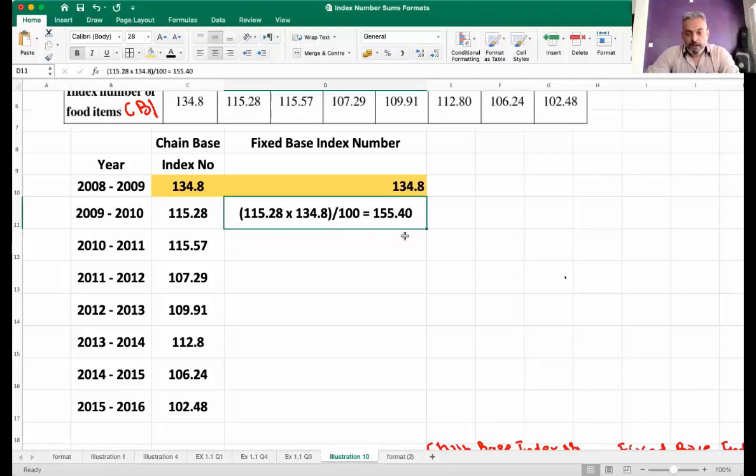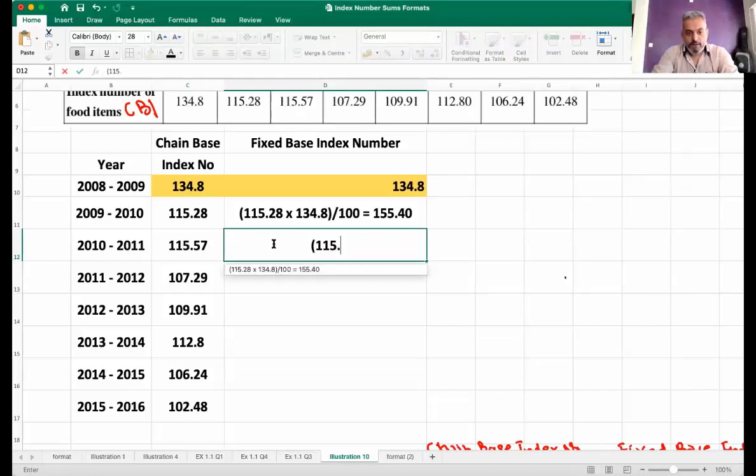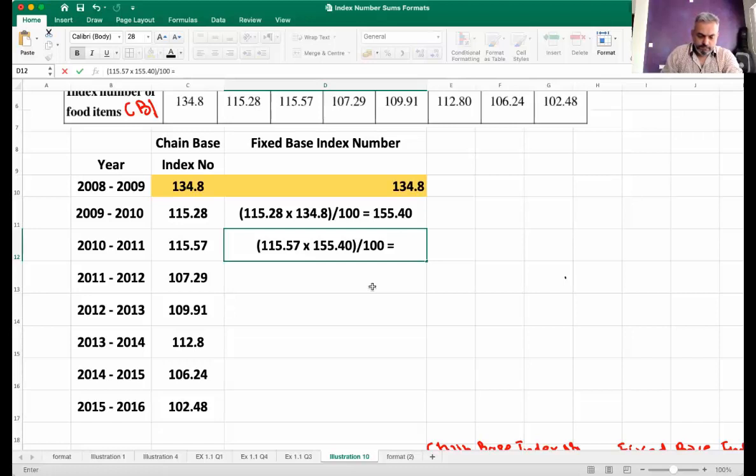Now again, for this year 10-11, CBI of current year is 115.57 into FBI of previous year, that is this one, 155.40, divided by 100, which is equal to 179.595, so 179.60.